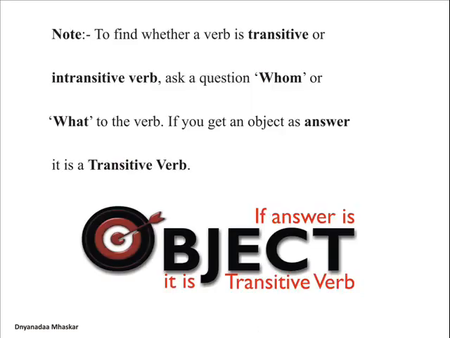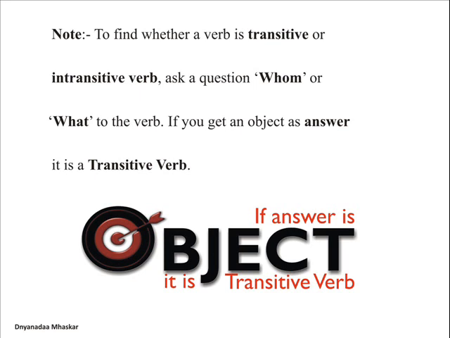Please make a note. To find whether a verb is transitive or intransitive, ask a question whom or what to the verb. If you get an object as answer, it is a transitive verb.